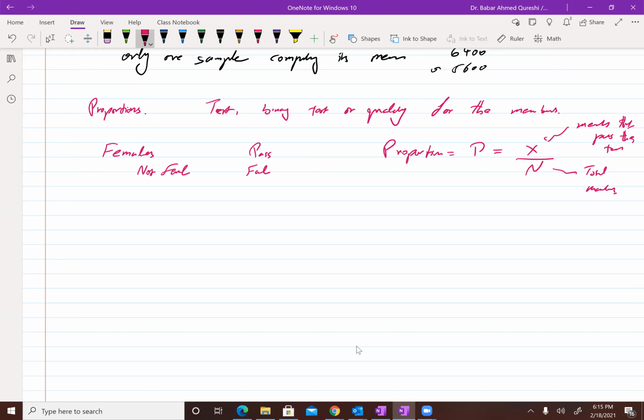So suppose you have a population and there's some quantity whose proportion you want to know. So there's this P, the proportion in the population, and you want to guess it through some sampling.